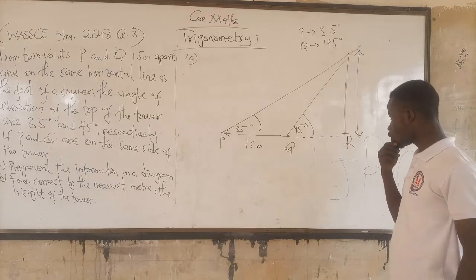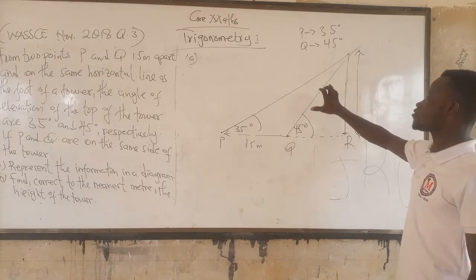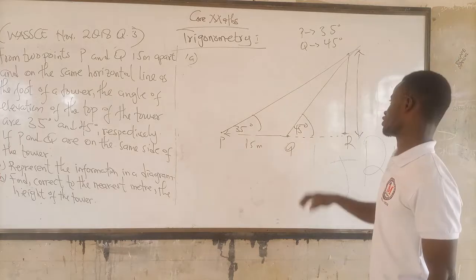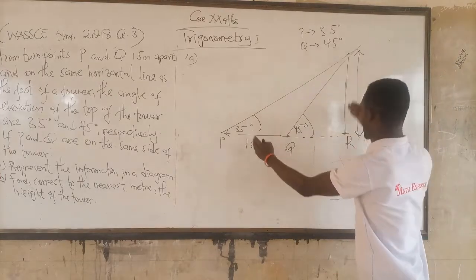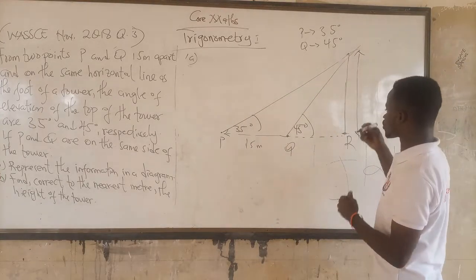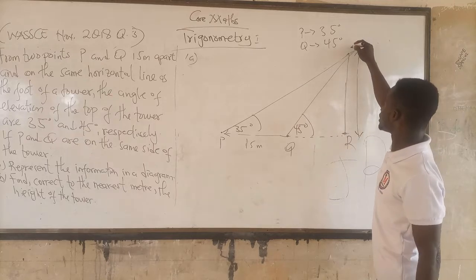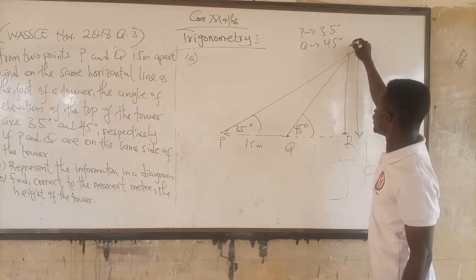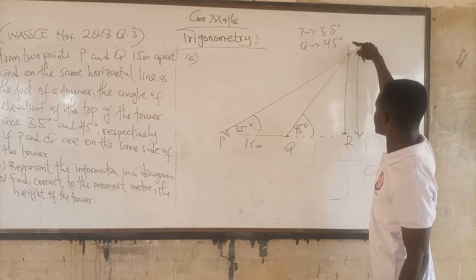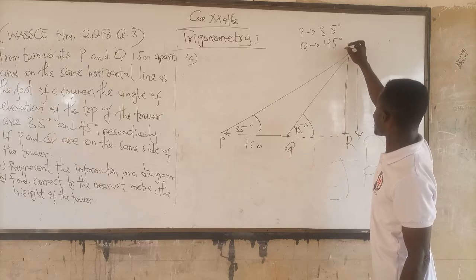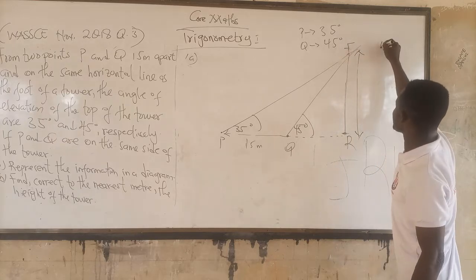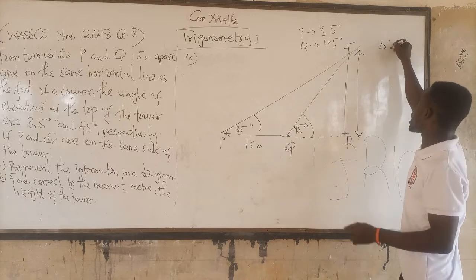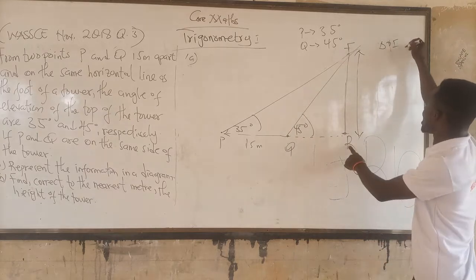Now, you see, we have two right angle triangles in this. The bigger one is here. Let me call this one F. We have two triangles. One of the triangles is triangle PFR.